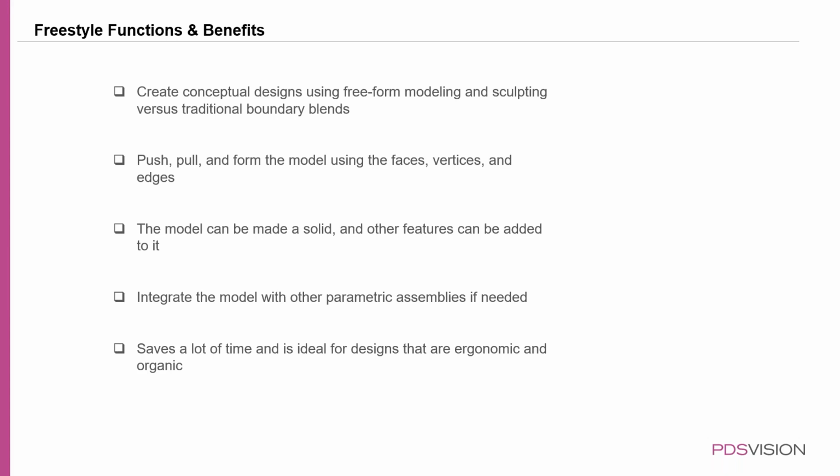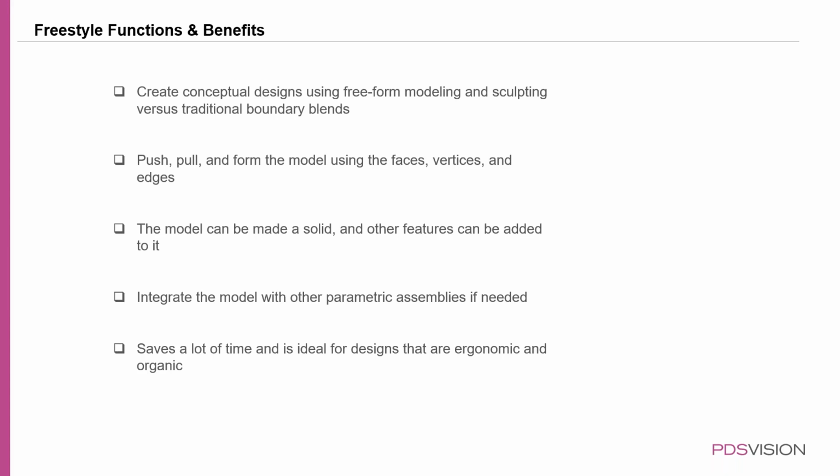So you're taking the model and forming it itself. There's no building curves or edges or patches and patching those together. You start with a basic shape and start to model it from there. Beyond that, it can be made a solid, and other features can be added to it as well.